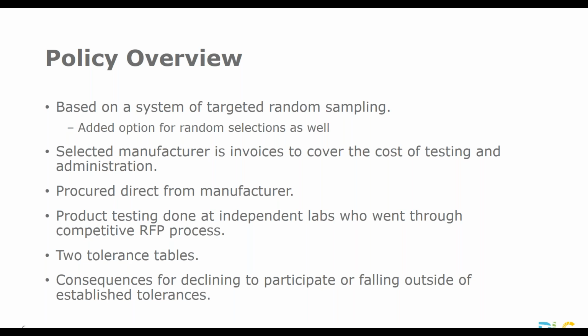But the 6 groups from the target portion of the policy are products whose performance is close to meeting the technical requirements under which they were qualified, meaning standard or premium, products whose performance greatly exceeds the technical requirements. Third, you have products with past application issues. So that would be things like test reports with reporting issues or supplemental documentation that contained issues, product misrepresentation, that sort of thing.